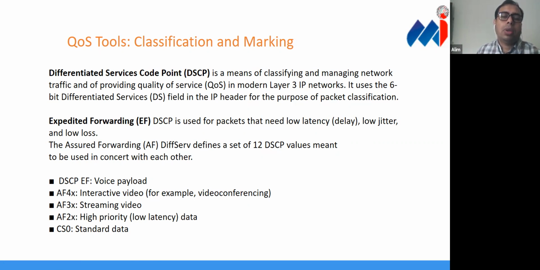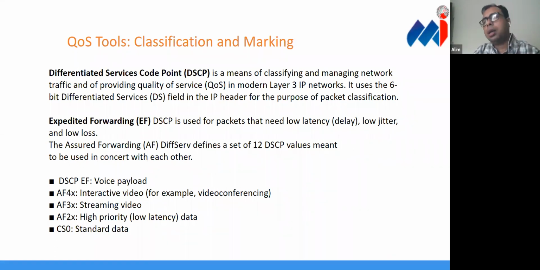These are actually long discussions, but to cut the long story short, we can go through this. There is expedited forwarding, EF. EF is used for low latency, low jitter, and low loss packets, such as voice. Expedited forwarding is like express forwarding, for example, in the case of a letter.